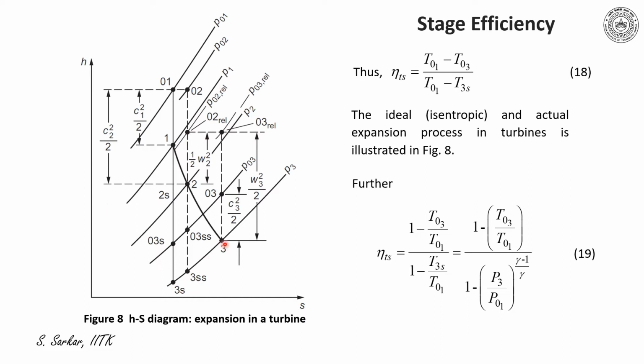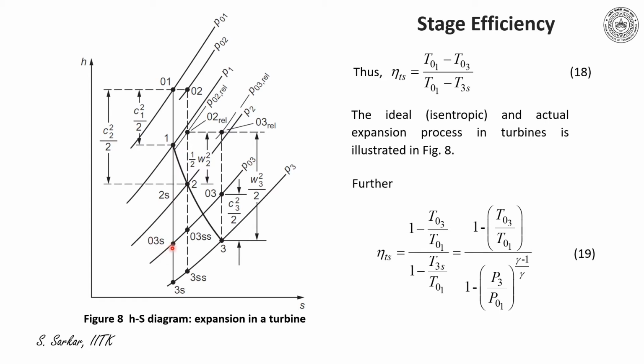And from state point 3, if I add W3 squared by 2, I'll get 03 relative and hence P03 relative. Similarly, from the state point 3, if I add C3 squared by 2, I'll get 03 and hence P03. Now note that the intersection of the isentropic line from state point 1 to P03 is denoted by 03S.